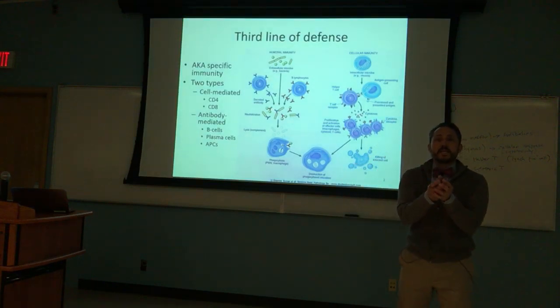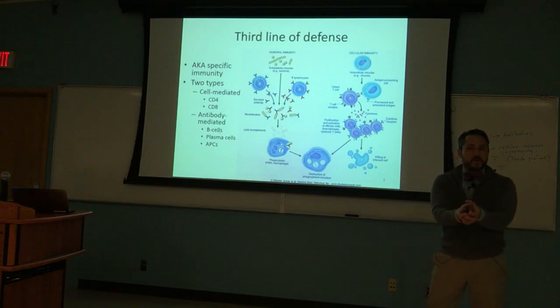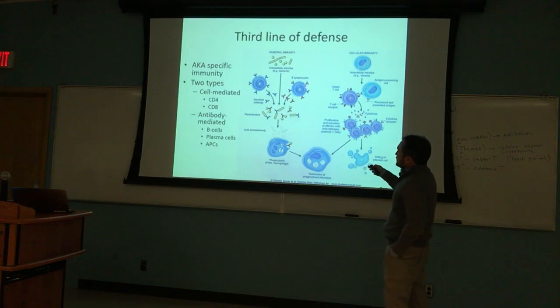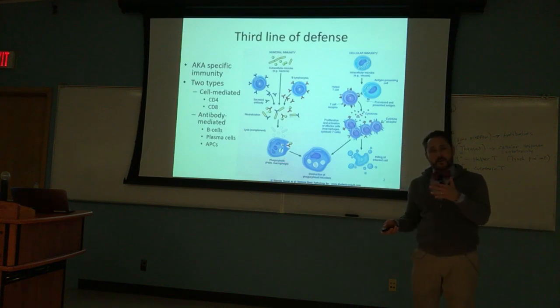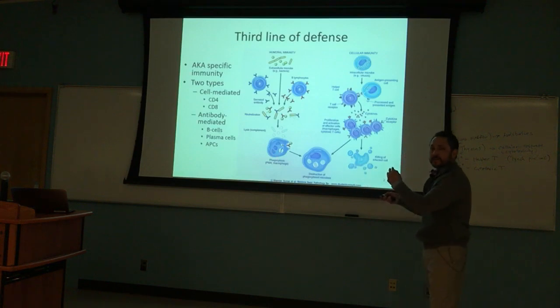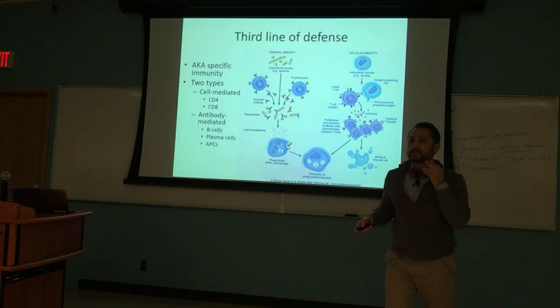A number of different things can happen when they bind. They could, for example, be phagocytosed by a macrophage. If they're phagocytosed by a macrophage, then that bacteria could be killed by that macrophage using what mechanism?